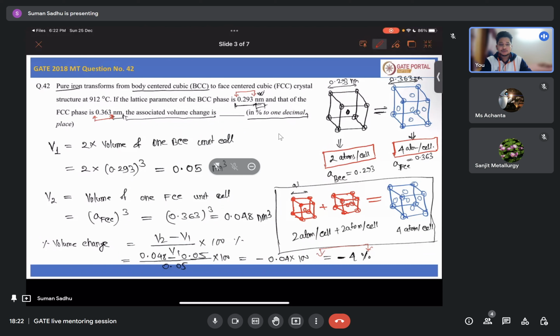More slip systems, and activated slip systems, will be there. In BCC, when you do hot working, the percentage of reduction will not be much. So that's why people do the reduction in FCC only.